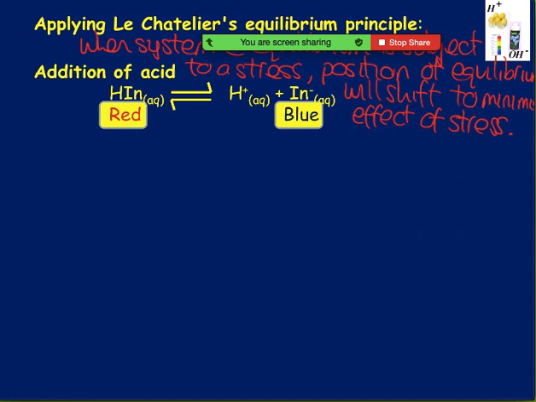So I've given you a question: state and explain the color change on addition of acid to the following scenario, and this is our scenario. So if I add acid to this, which way is equilibrium going to shift and why? Scenario 1 is adding acid.